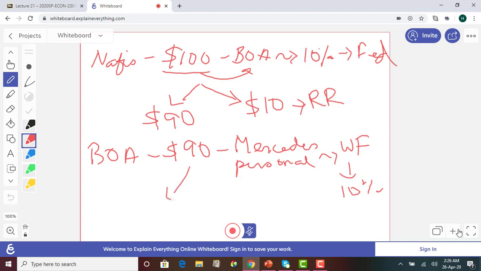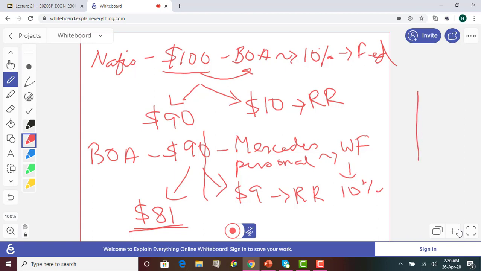So out of this $90, $9, which is 10% of $90, will be set aside as required reserve, and the remaining $81, which is 90 minus 9, will be loaned out to someone else. This process will keep going on until we hit a certain limit.